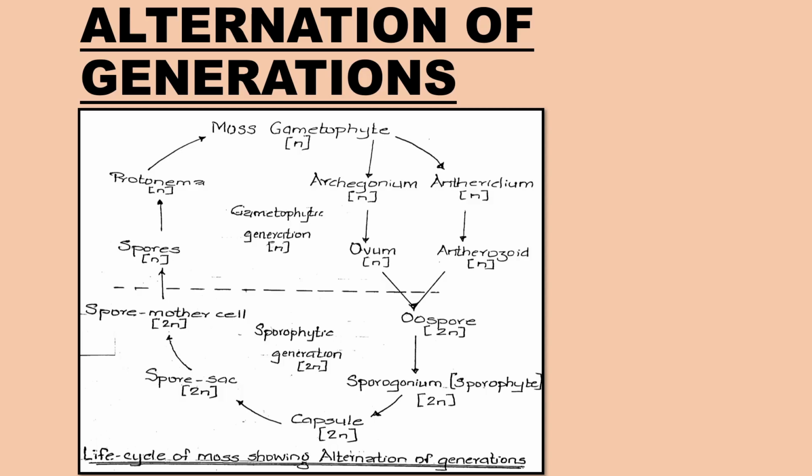The sporangium in the sporophyte reproduces asexually by spores and gives rise to the gametophyte. Thus, alternation of generations is seen in mosses. So today, we have learnt in detail about gametophyte and sporophyte of mosses and also alternation of generations.